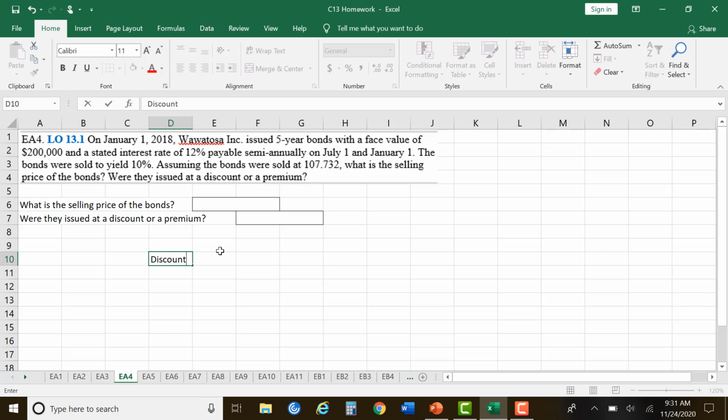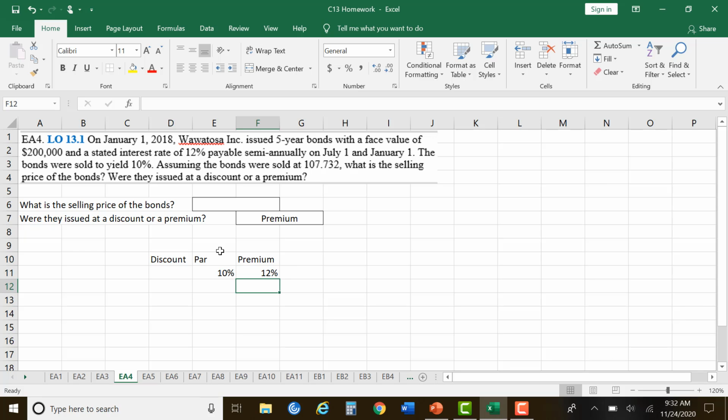So we know that a bond sells for a discount if the rate is below the market, and we know it sells for a premium if it's above the market. This problem said that the market was at 10%, so that would be at par, it'd be 100%, it would be the value if it was selling exactly for 10%. This bond is selling for 12%, so we know it's selling for a premium.